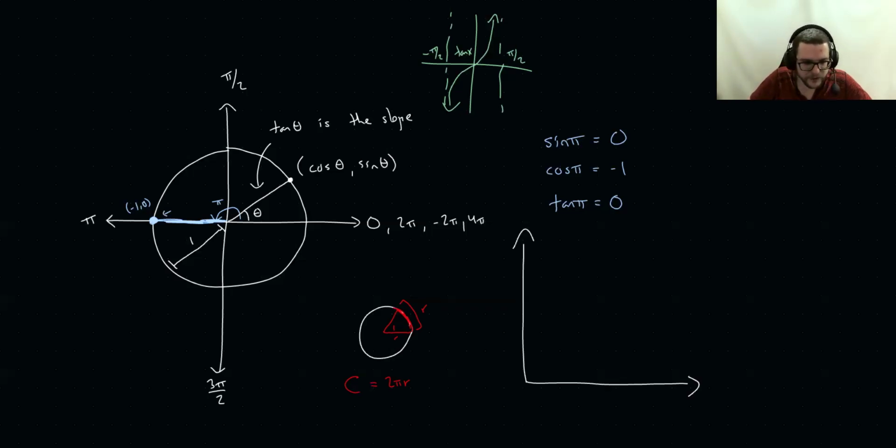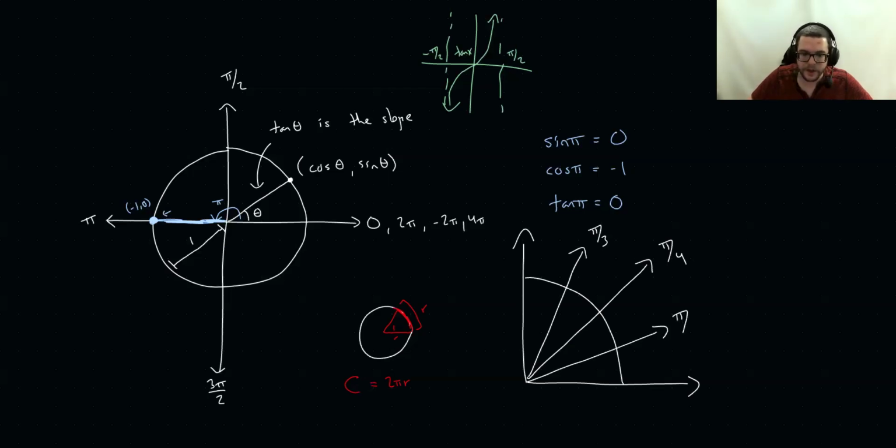So I have my circle here. We have pi by 4, we have pi by 3, and we have pi by 6. We have those three, and then again, this is our pi by 2 and our 0.